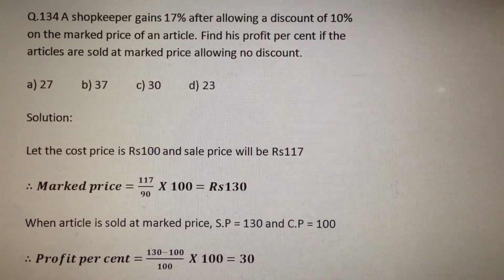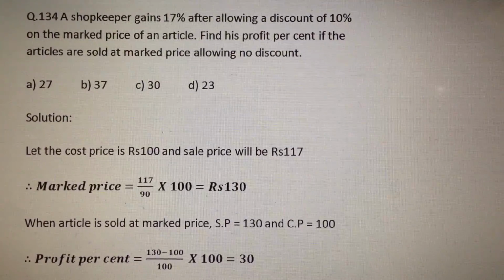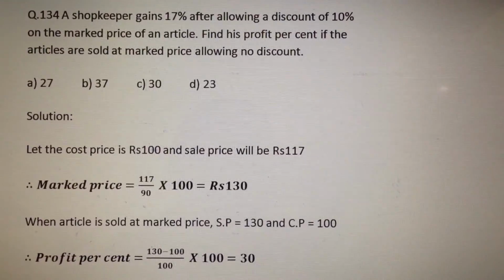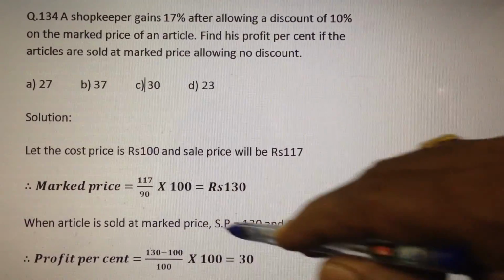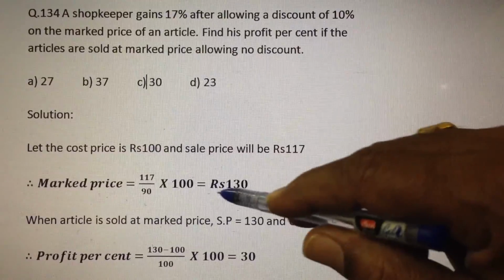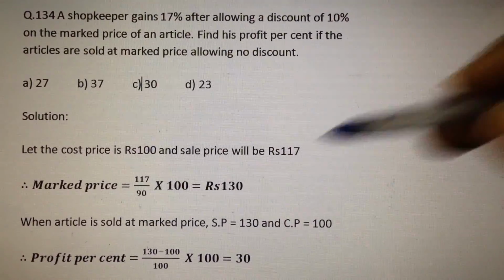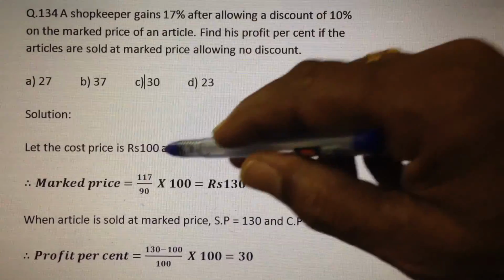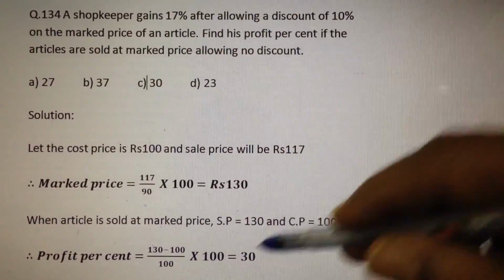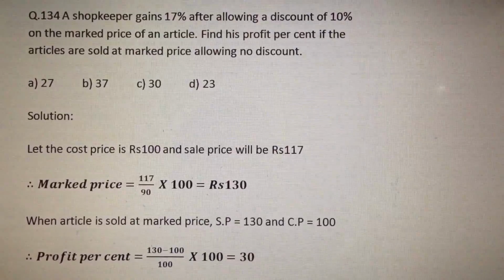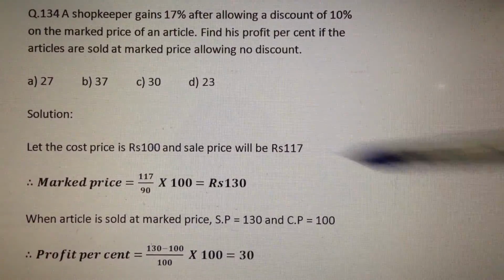Suppose the discount is not allowed, then what is the profit percentage? When the article is sold at market price, that is, if the sale price is 130 rupees, what is the gain percentage? So sale price is 130 rupees and cost price is 100 rupees. The gain is equal to 130 minus 100 by 100, into 100, which is equal to 30.